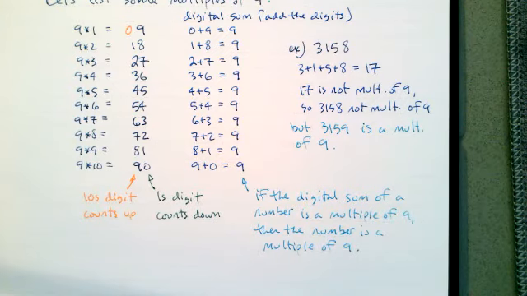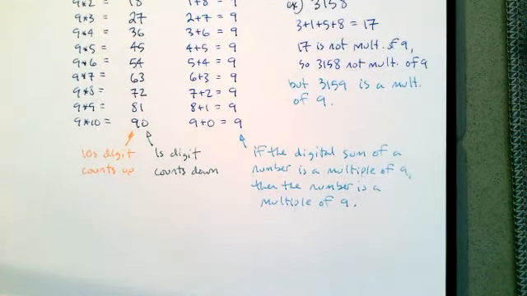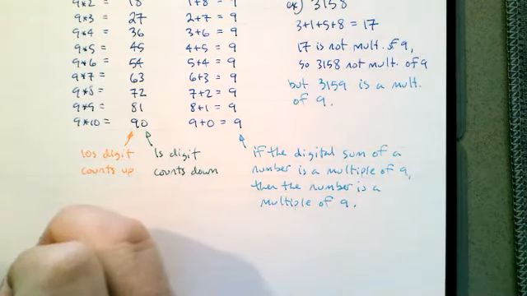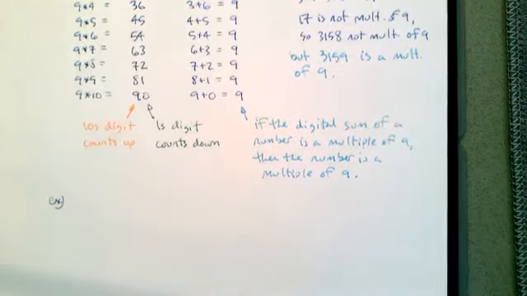So we have this interesting fact about multiples of 9. Notice that if we take a number that's not a multiple of 9, the digital sum will not be a multiple of 9. So I'm going to pick a smaller one. Let's consider the number 57.